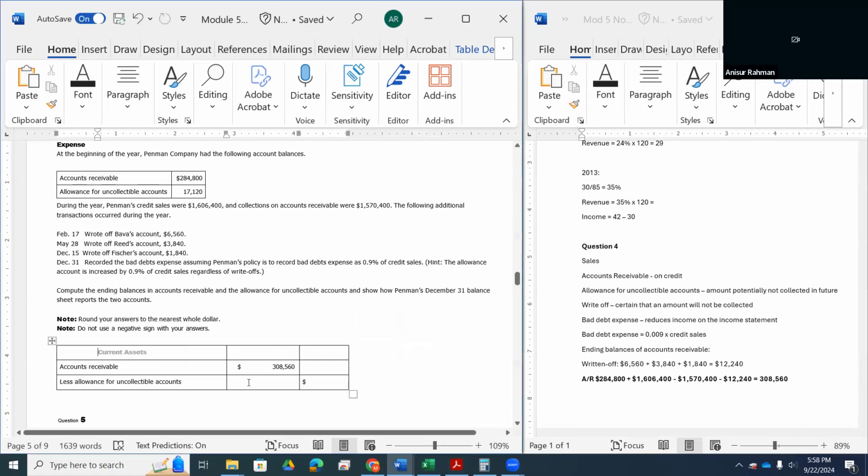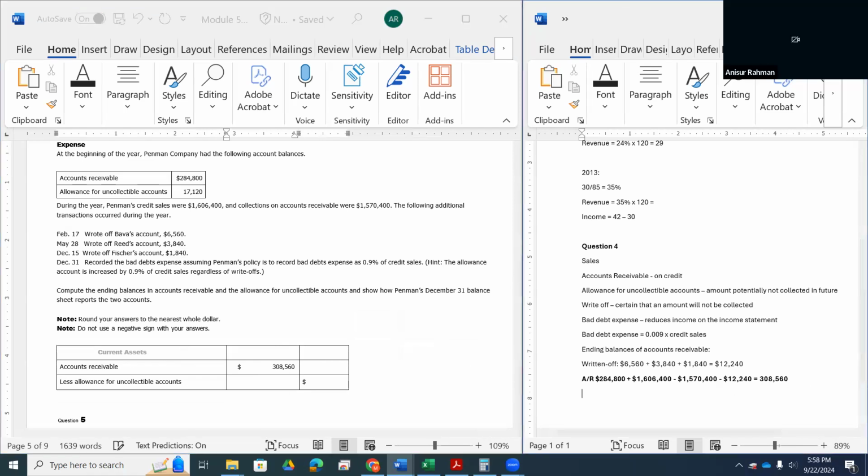Now, less allowance for uncollectible accounts. Note that it says the allowance account is increased by 0.9% of credit sales, regardless of write-offs.